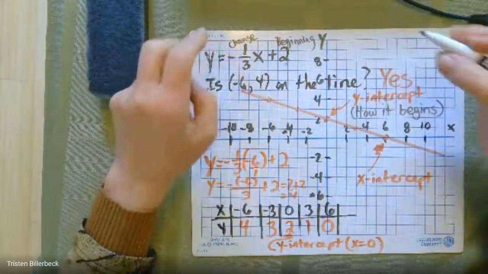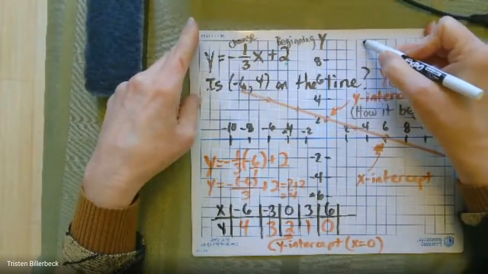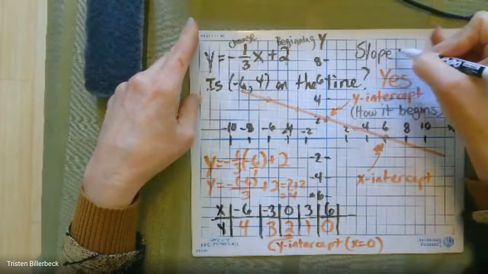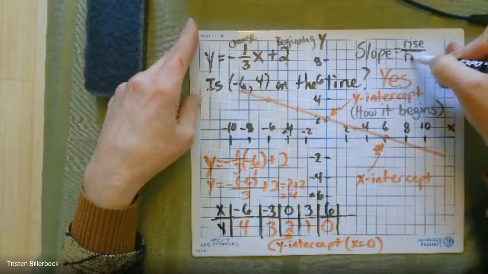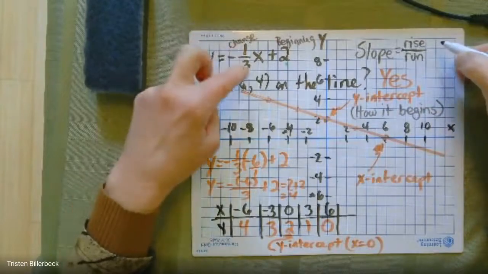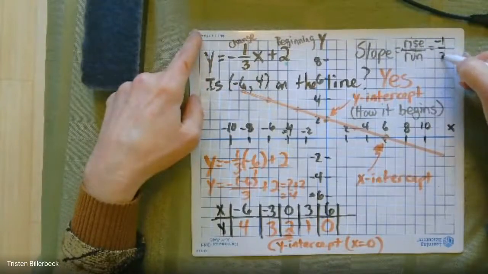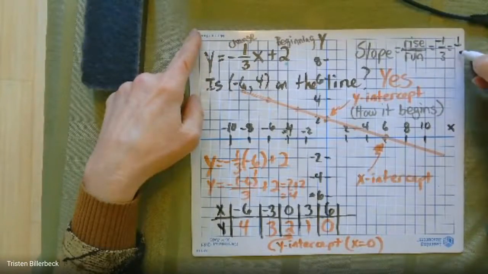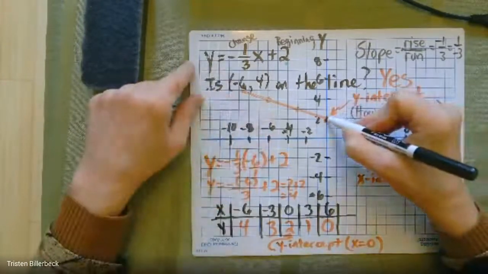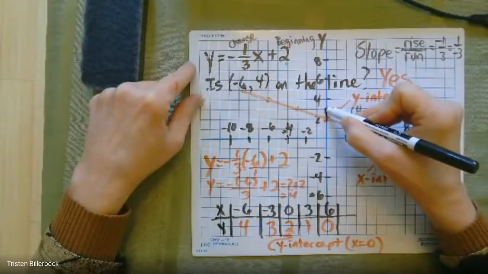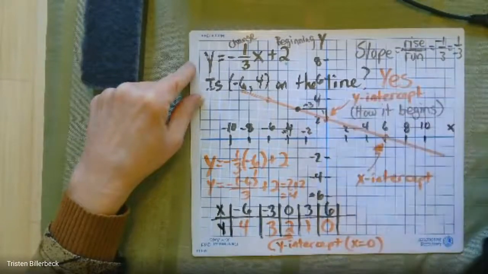Okay, so if you remember, you may not have been taught this. So slope equals rise over run. Okay, so this is the slope. So it could be a rise of -1, run of +3, or it could be a rise of 1, run of -3. So if we start here and we rise 1 and run -3, that got us to this point.